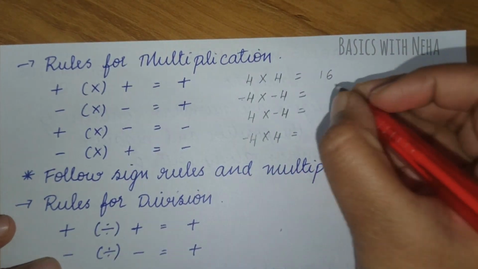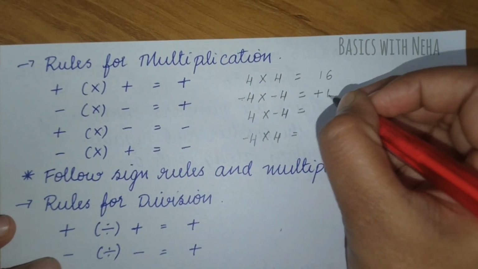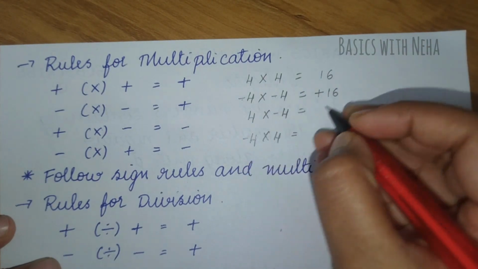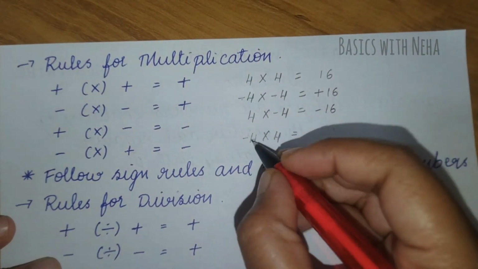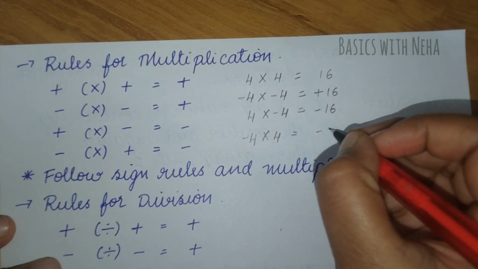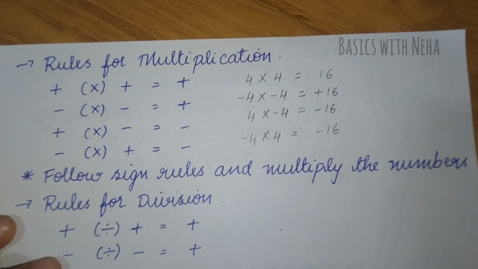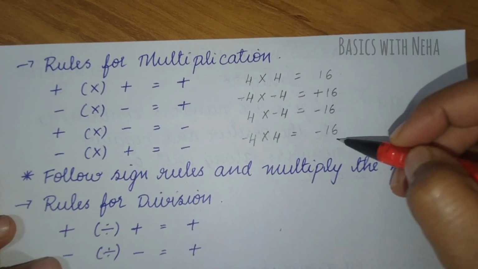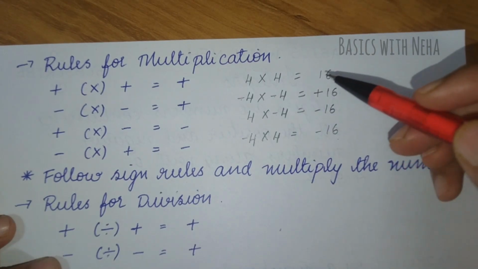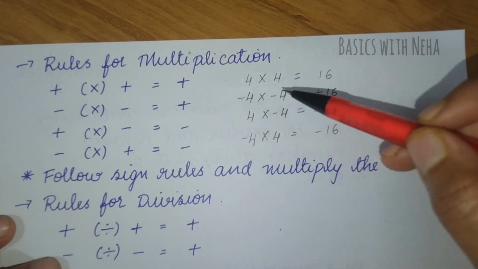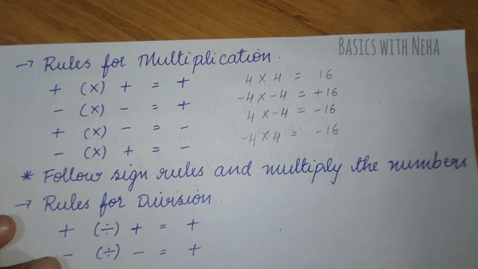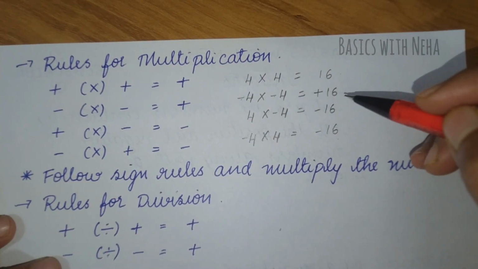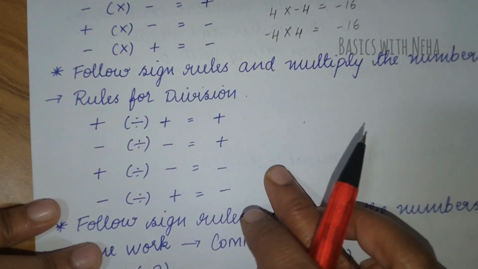Minus minus is plus, so plus 4 4s are 16. Plus minus is minus, 4 4s are 16. Minus plus is minus, 4 4s are 16. So I've got two positive answers and two negative answers. So we see the signs. Just work on the sign. No greater, no smaller. Here we don't work on greater and smaller concept. It is just direct.